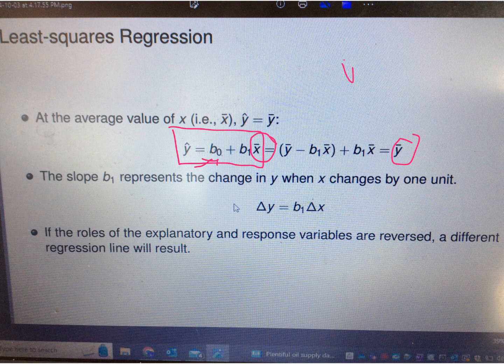And so for individual values, we have b naught plus b1 times x, right? What they're saying here is that if we replace the x with x bar, the mean value of the x's, then what we're going to get out is y bar, the mean value of y, okay?